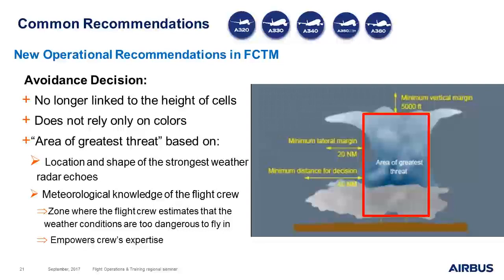It is, in fact, the zone where the flight crew estimates that the weather conditions are too dangerous to fly in. As you can see, it really empowers the crew's expertise, because all of you are used to flying in different areas of the world and know the weather and the different possibilities and dangers of weather, depending on the area, depending on the day, etc.